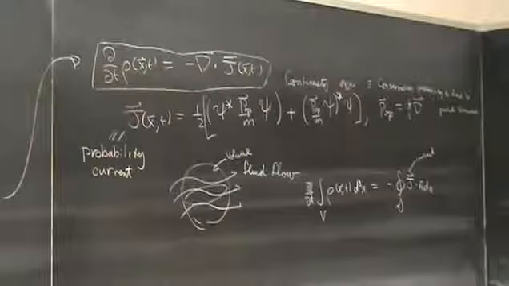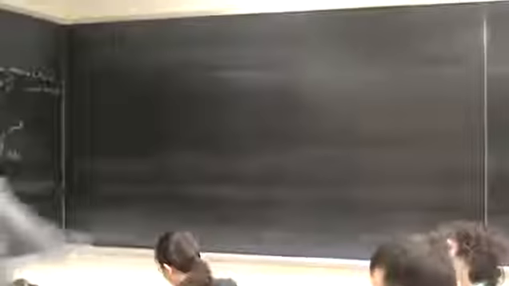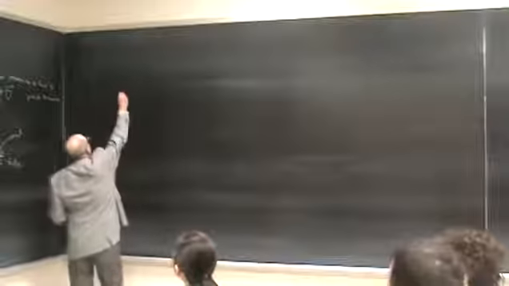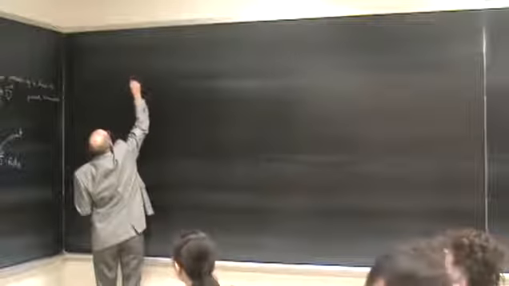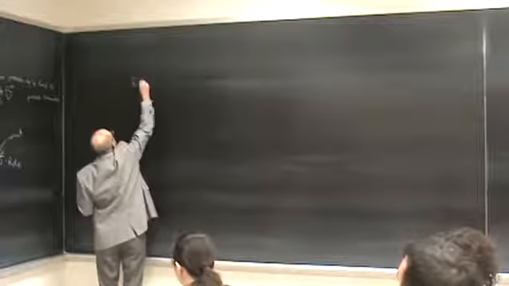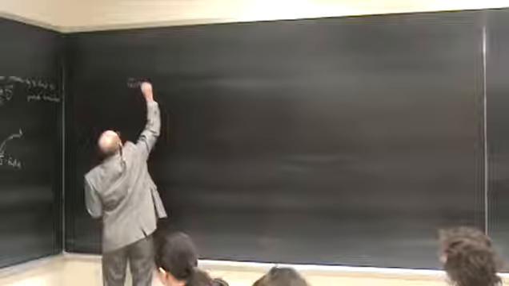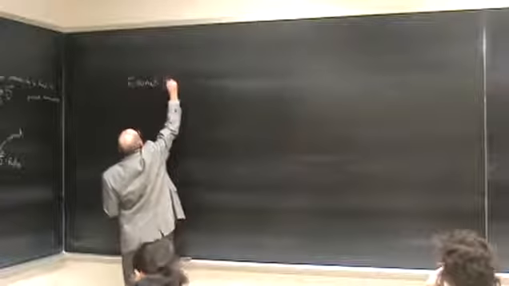All right. So to further get some insight into the nature of wave mechanics, we're going to make a connection to geometric optics through what's known as the eikonal form.